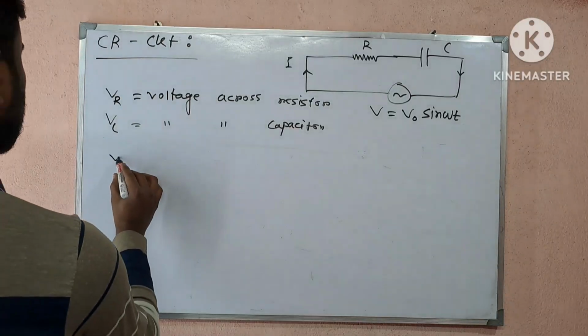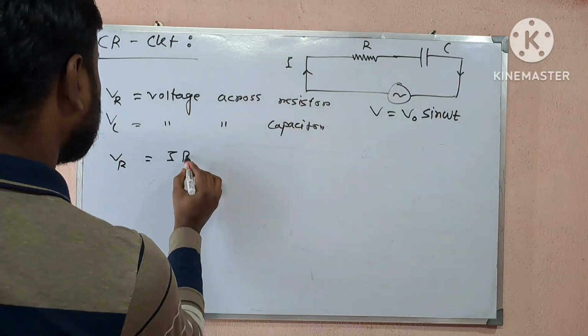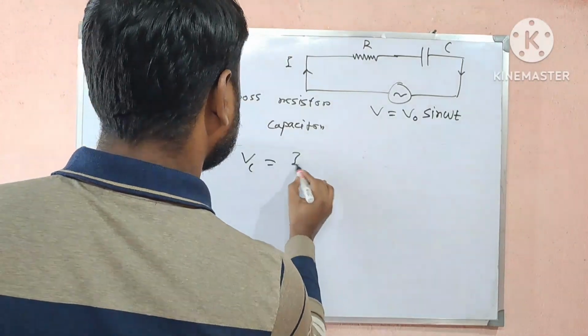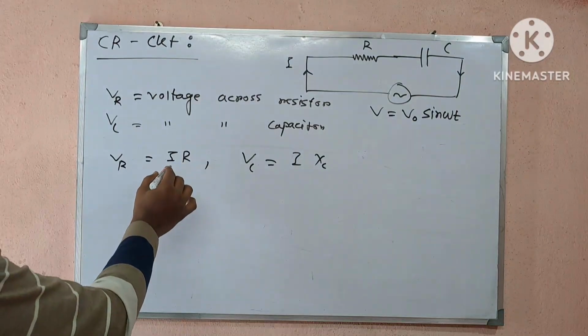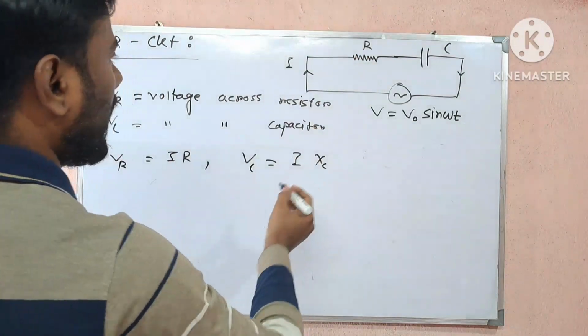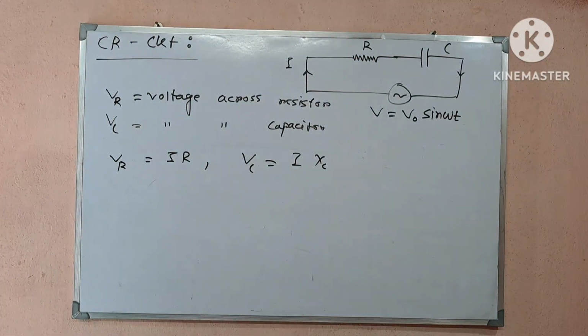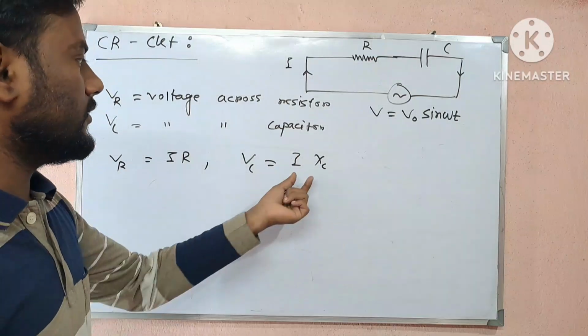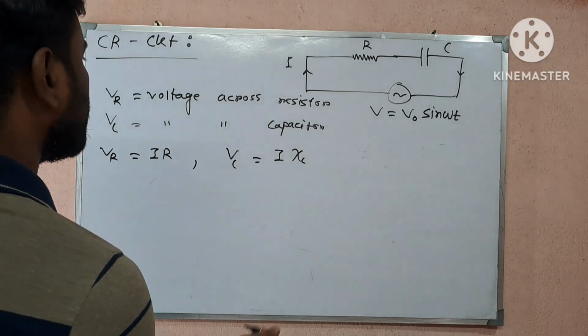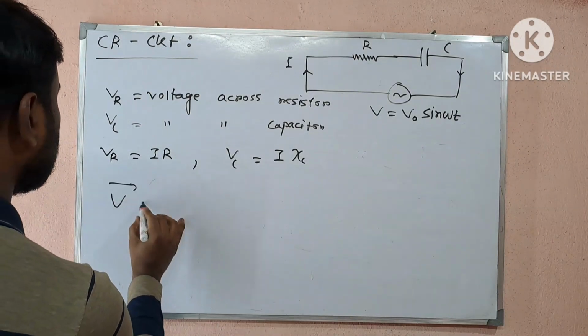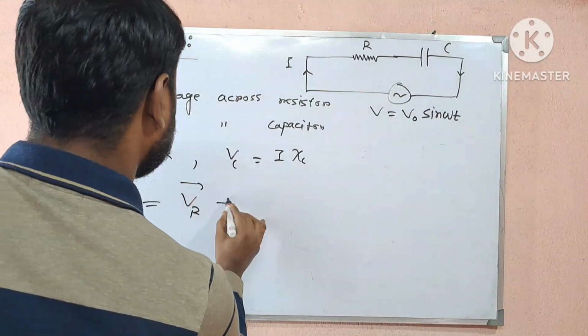So we can say VR is equal to IR and VC is equal to I chi C. Why? Because R is the resistance of that resistor, and for a capacitor the reactance or resistance is chi C. Now we can write for this circuit that V is equal to VR plus VC.